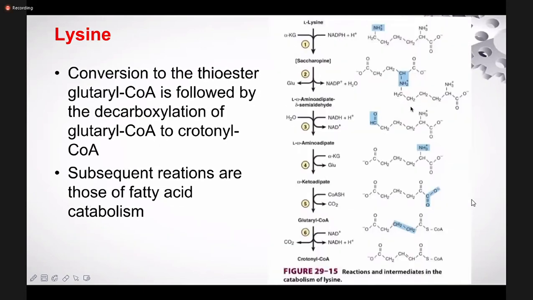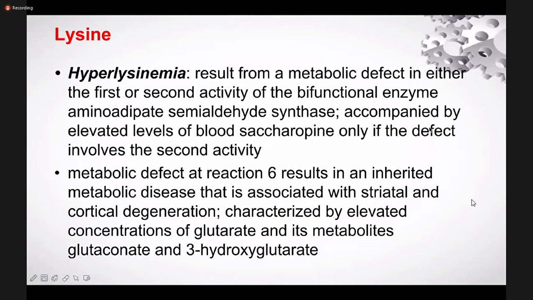This is accompanied by elevated levels of blood lysine. If the defect involves the second activity, it is accompanied by an increased level of blood saccharopine.